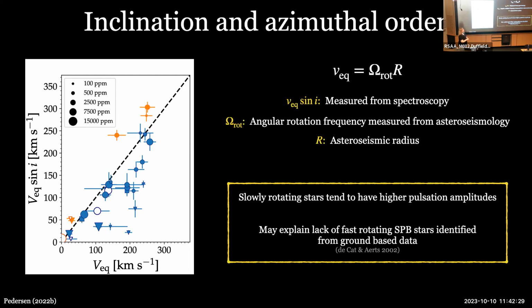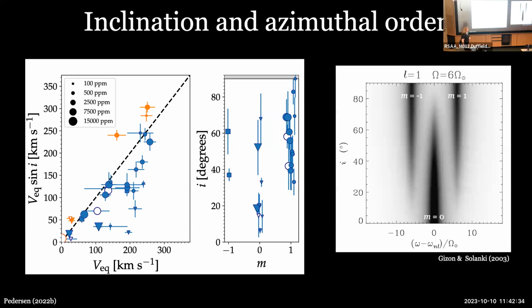Now, rearranging the equations a bit, we can calculate what the inclination angles are. I'm plotting them here as a function of the azimuthal order, so that's the number of nodes that are crossing the equator. As you can see, there's a distribution of the stars with respect to inclination angle and azimuthal order.